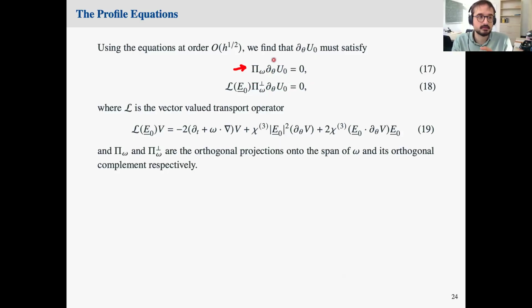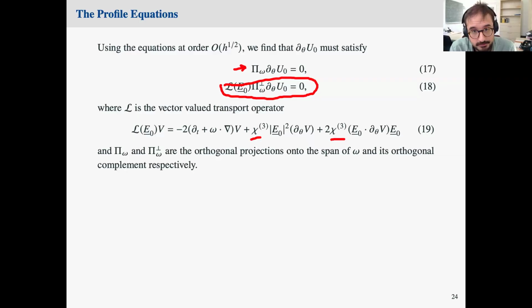That is saying that it's a polarization thing, so you have to be perpendicular to the direction of propagation, at least at leading order. And then for the part that is perpendicular to the direction of propagation, it gives you a transport equation that you have to be satisfying. And this transport equation depends on the nonlinearity, as was expected.